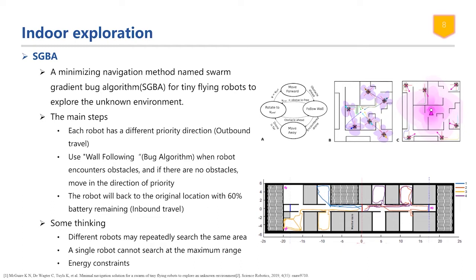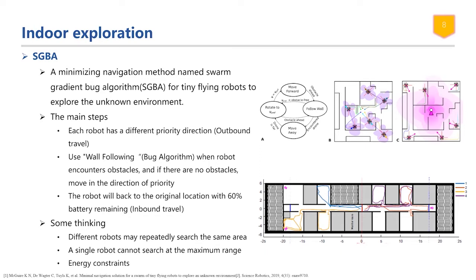Following are the main steps of SGBA. First, each robot moves in a priority direction, called outbound travel. Secondly, it uses wall following when the robot encounters obstacles, and if there are no obstacles, it moves in the priority direction.